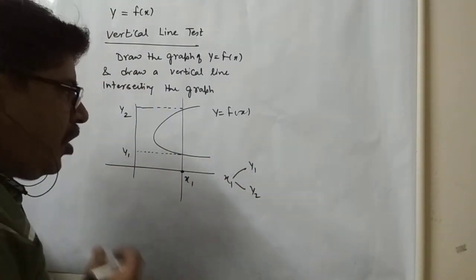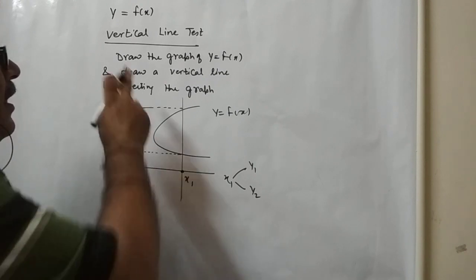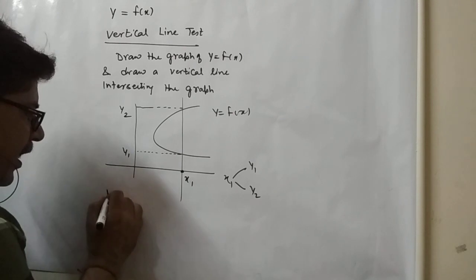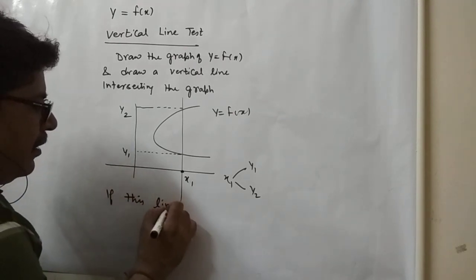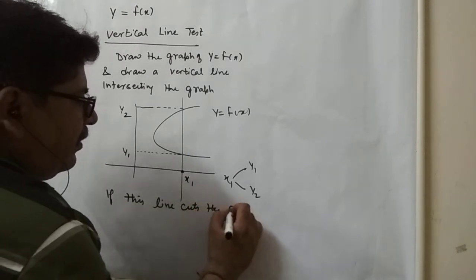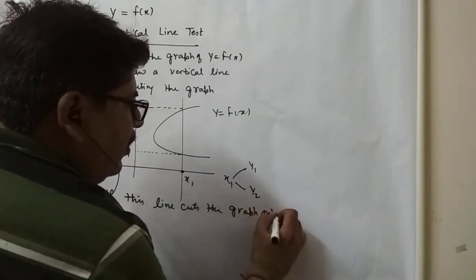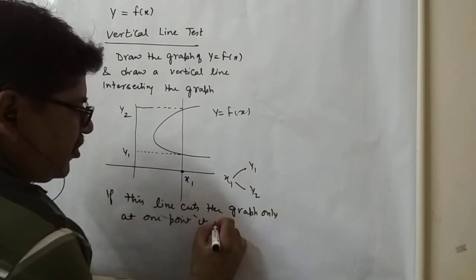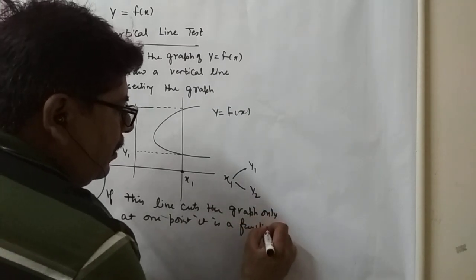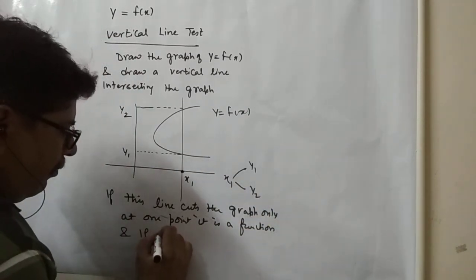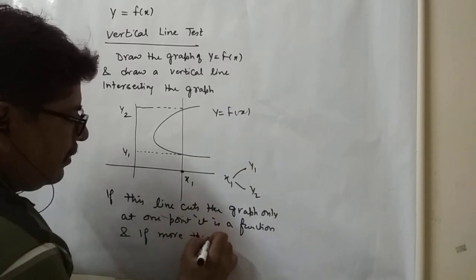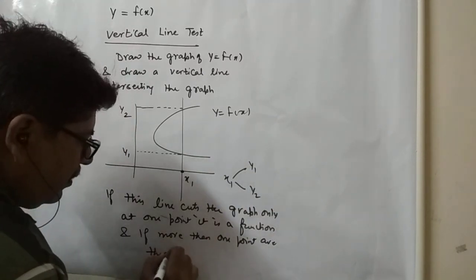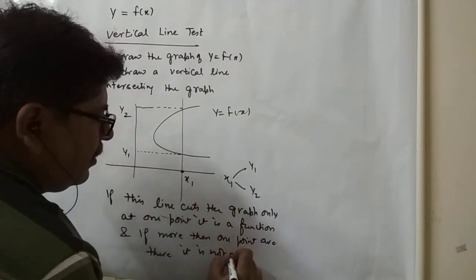It is not possible. So, vertical line test says, draw the graph of y is equal to f(x) and draw a vertical line intersecting the graph. If this line cuts the graph only at one point, it is a function, and if more than 1 points are there, it is not a function.